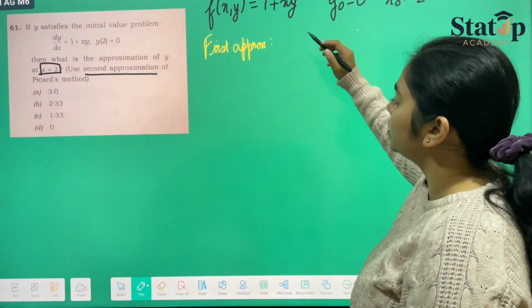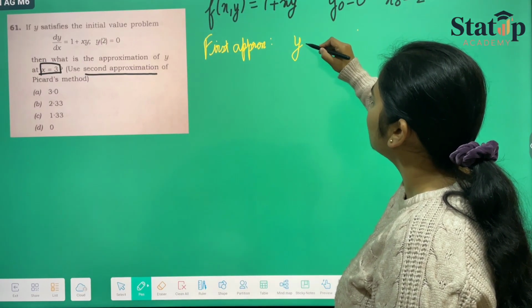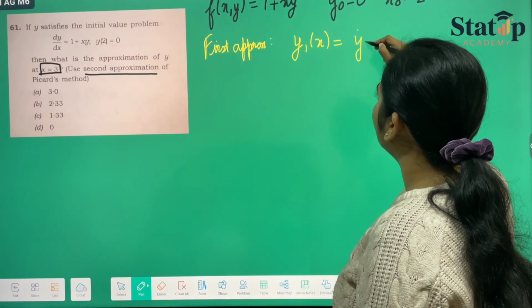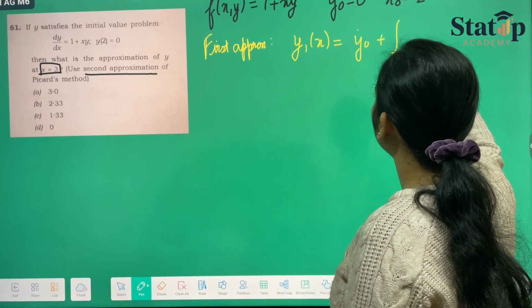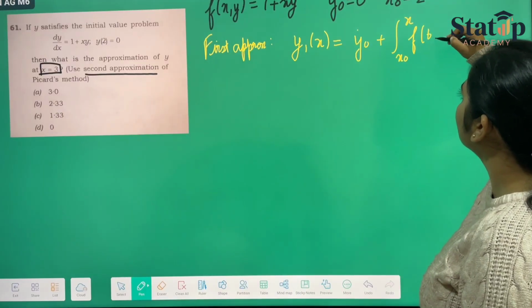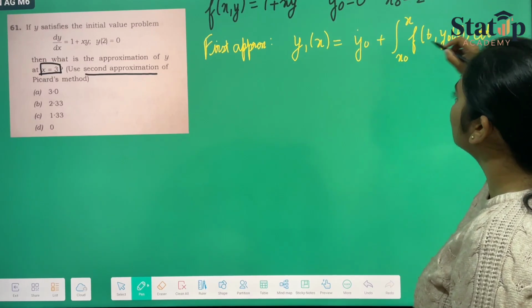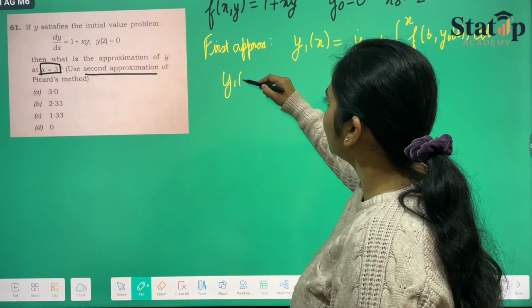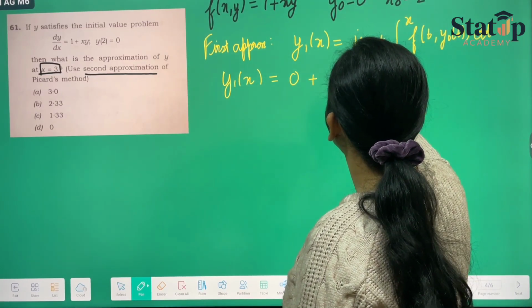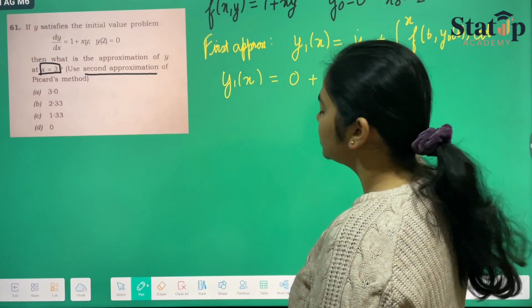The first approximation method is that y1(x) should be equal to y naught plus the integration from x naught to x of f(t, y naught(t)) dt. Now we'll put the values here. y1(x) equals y naught, which is 0, plus the integration from x naught, which is 2, and in the upper limit we'll take it as x only.